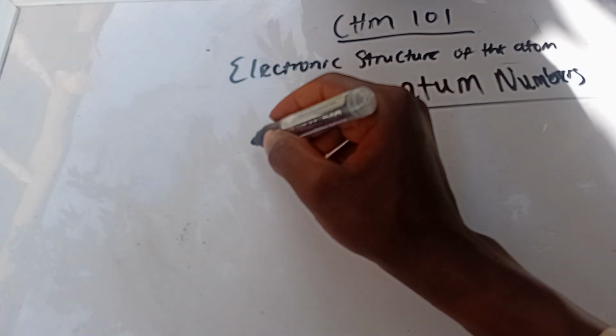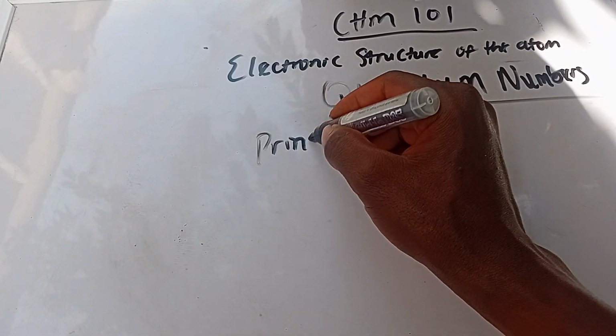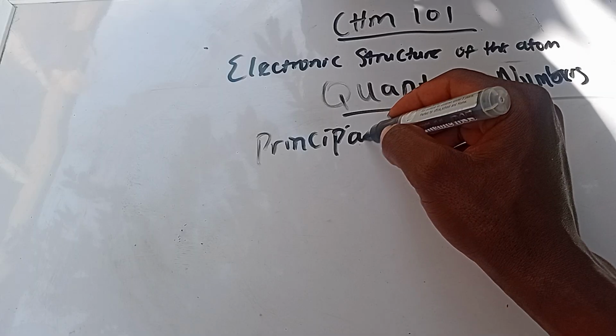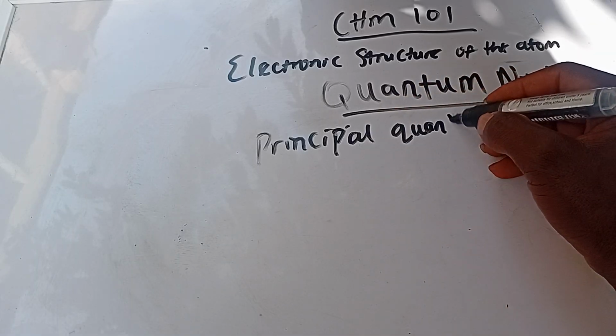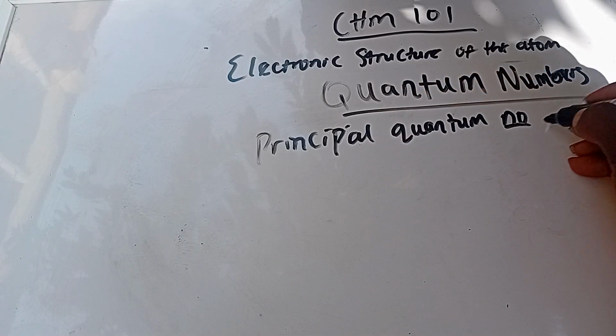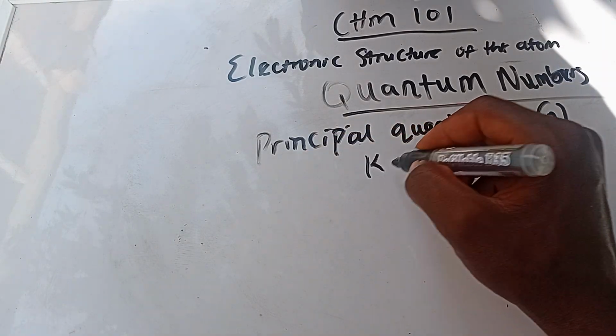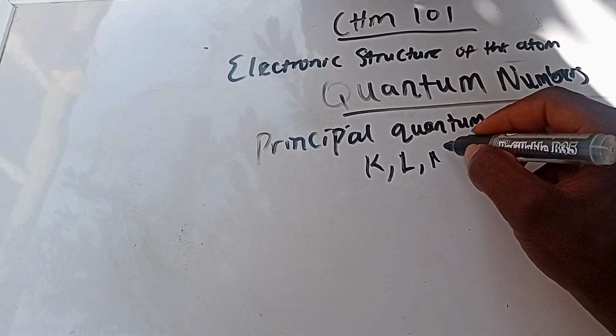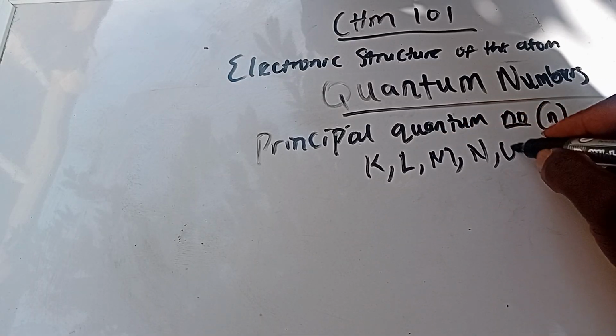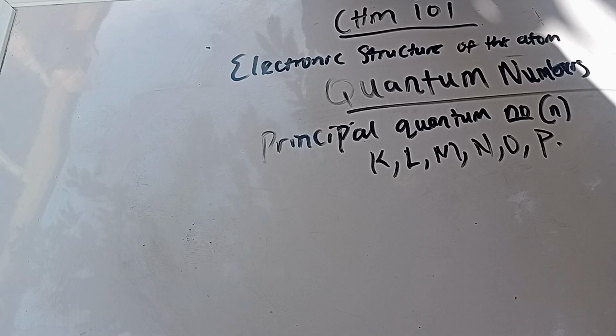So the first, we have 4 quantum numbers. We have the principal quantum number, the symbol is n. That one is talking about shells: K, L, M, N, O, P. We are coming there.